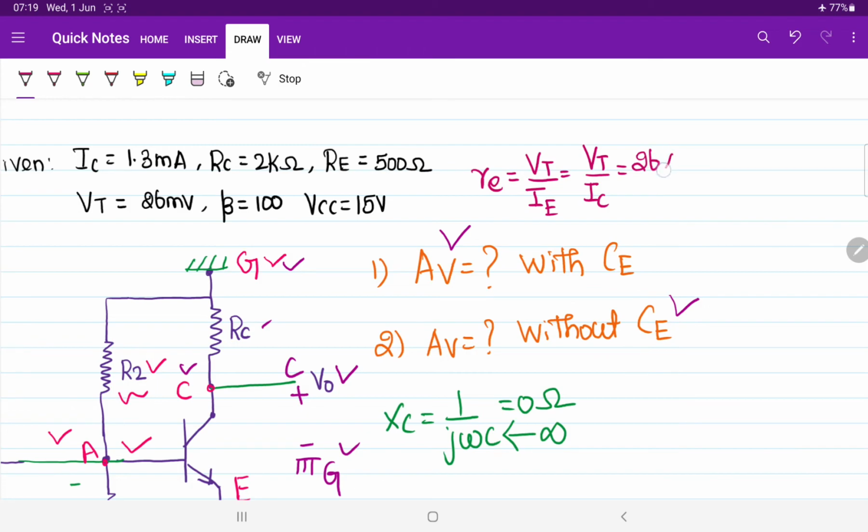This will be 26 milli, milli means 10 power minus 3, upon the value of collector current, that will be 1.3 milli. Milli means 10 power minus 3, they will get cancelled with each other. 1.3, how can I say 20 times of 1.3 will be 26? See, if I am cancelling it, 20 times of 1.3 will give you 26. So the correct answer is 20 ohm. The value of Re becomes 20.